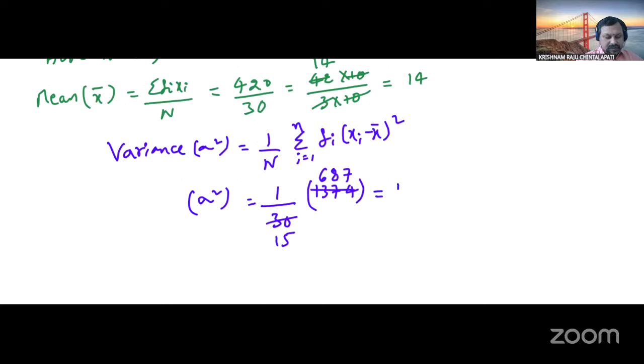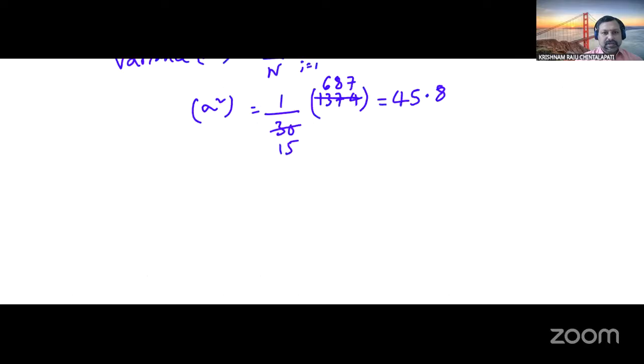Total 87 means 5 times. So this is the variance. Therefore, variance sigma square is equal to 45.8.